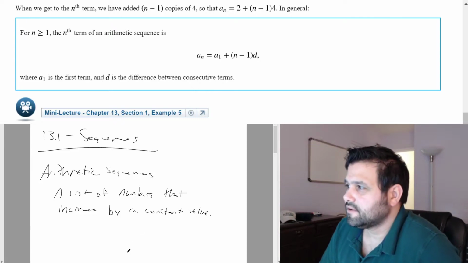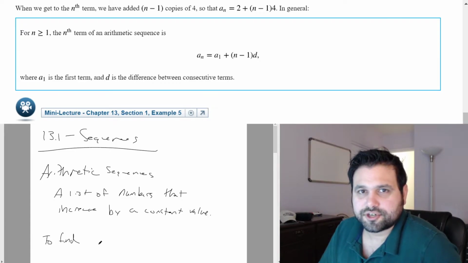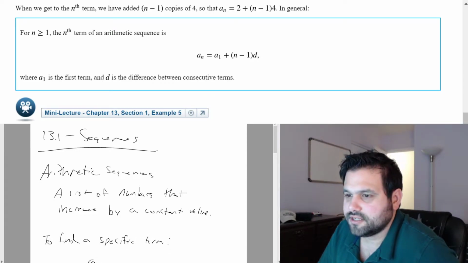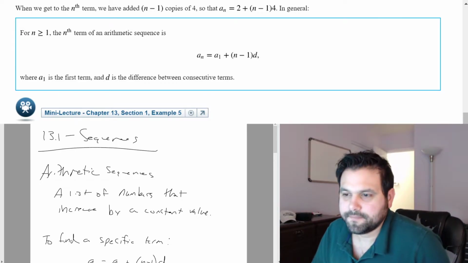And so here is the formula for finding a specific term. To find a specific term, we're going to use a sub n equals a sub 1 plus n minus 1 times d. So what do these things represent?